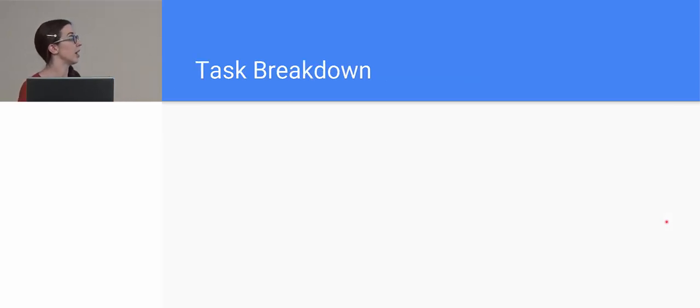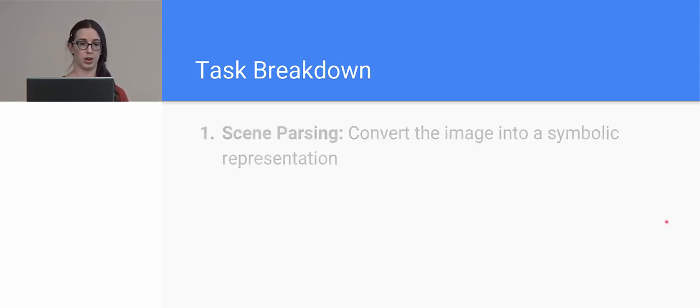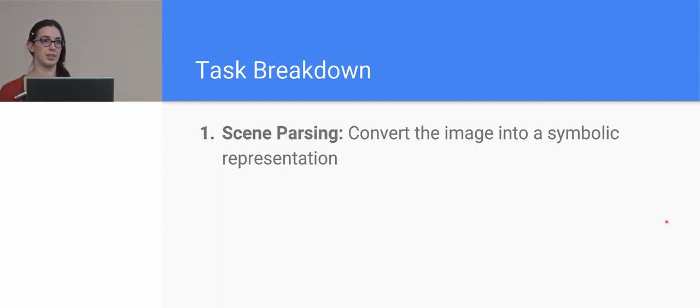In order to do this, the authors have broken their model down into 3 large subtasks. The first subtask is scene parsing. This is where the input image is turned into a symbolic representation. This is accomplished with a convolutional neural network, and we input a color image, and then we output what looks like a table.